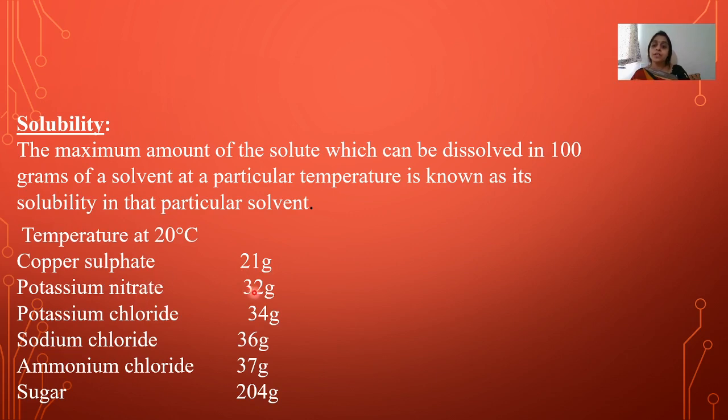Potassium nitrate, 32 grams can dissolve in 100 grams of water. So the standard is 100 grams of water. KCl, potassium chloride, 34 grams. NaCl, 36 grams. Ammonium chloride, 37 grams. Sugar, 204 grams. These grams are for this particular temperature, 20 degrees, and for 100 grams of water. Any change in temperature or solvent, and the solubility also varies.